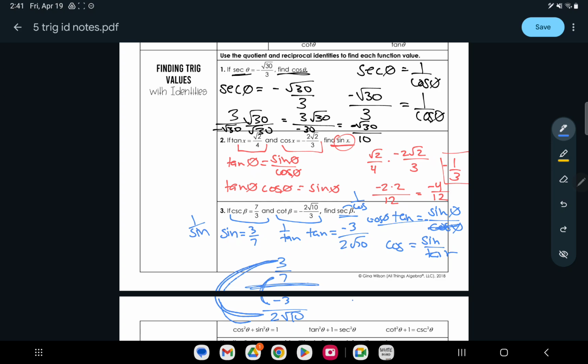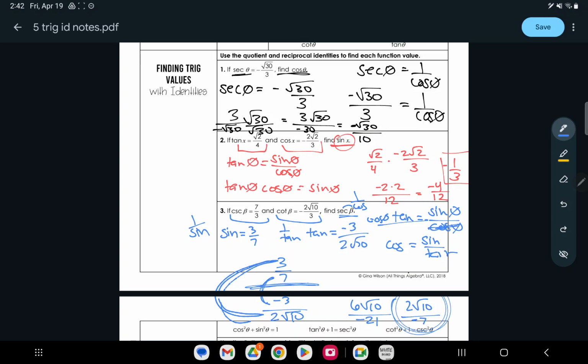So that becomes what? 6 root 10 over negative 21. And then I can reduce that by 3. So 2 root 10 over negative 7.